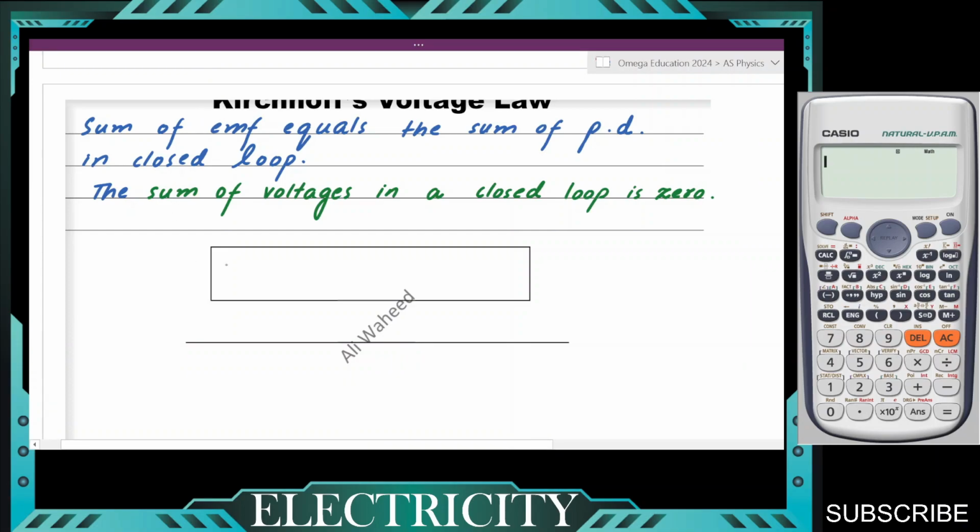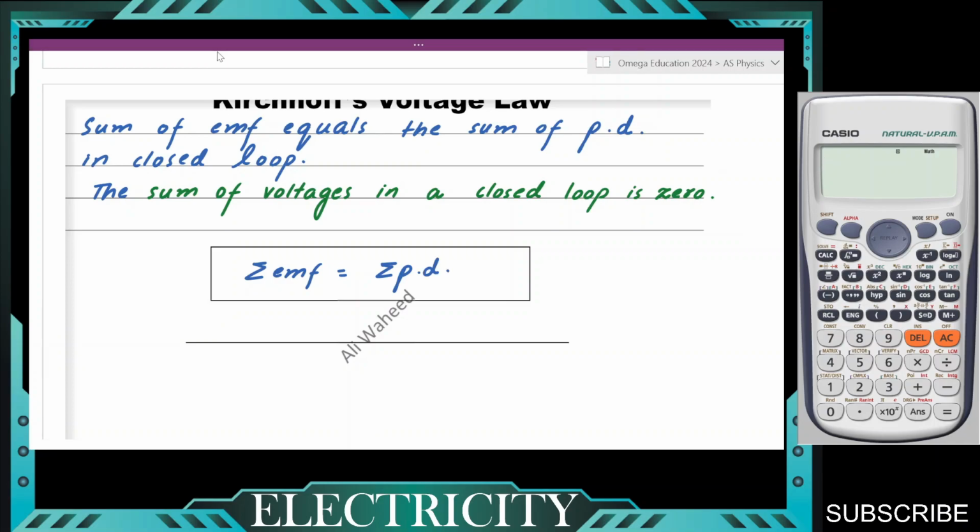Up next, we can write the mathematical expression for this one. It would simply be the sum of EMFs equals the sum of potential differences.